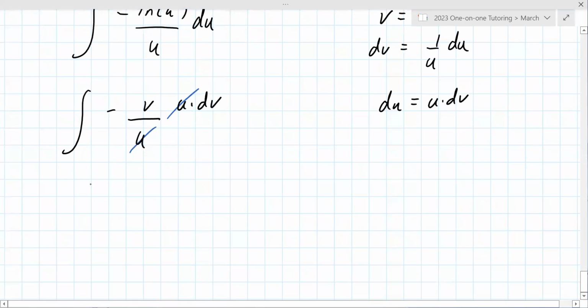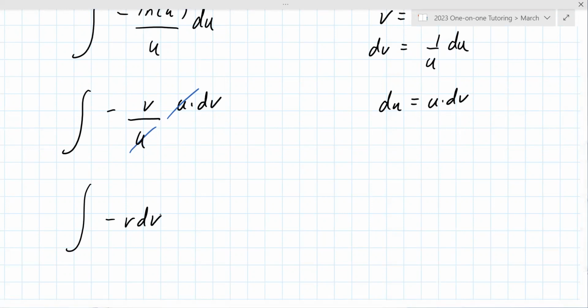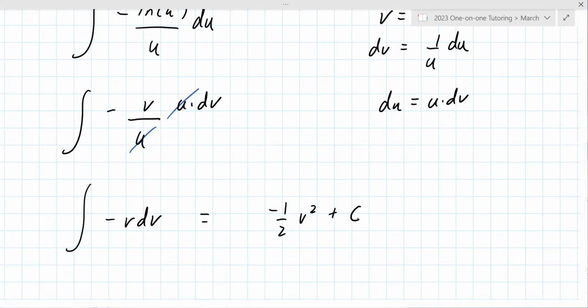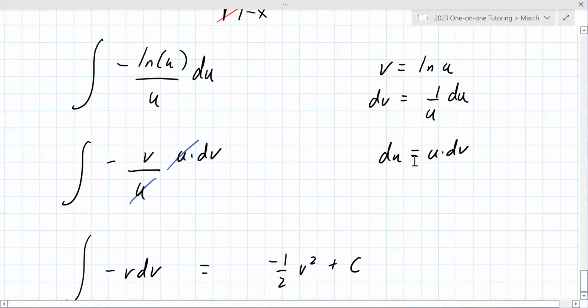So you've got the integral of minus v dv, and you're finally ready to find the antiderivative. The antiderivative here is minus 1/2 v squared plus c. But that's not the final answer because you have to back substitute all of the things you've been doing. So your v is really natural log of u.